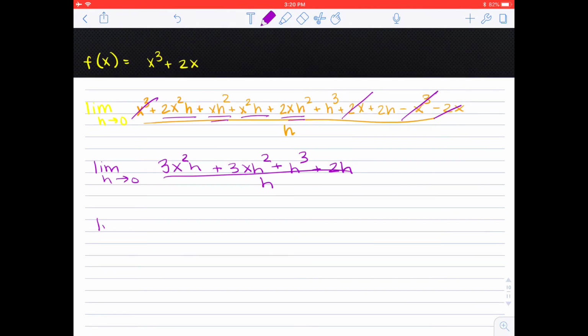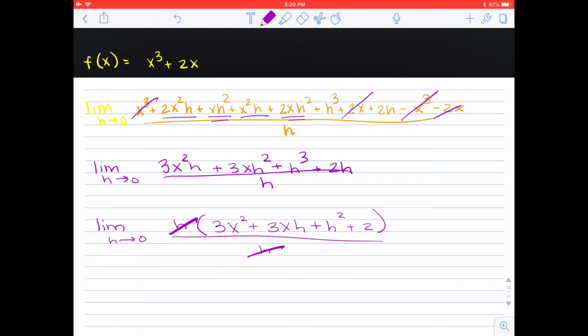And if I simplify that again, the limit as h approaches 0, and I'm going to take out my h, that's 3x squared plus 3xh plus h squared plus 2 all over h, so that my h's can cancel out. Whew, this is a lot. And I'm left with my limit of my function.